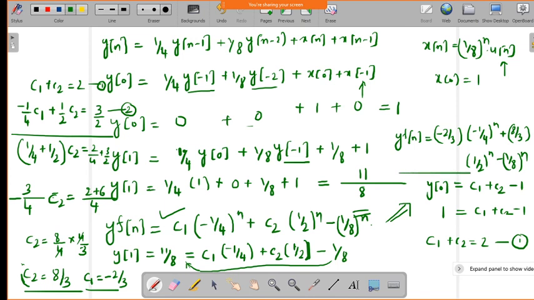So this is the final solution of the forced response. Since we found the solution for n greater than or equal to 2, we put the condition n greater than or equal to 2.